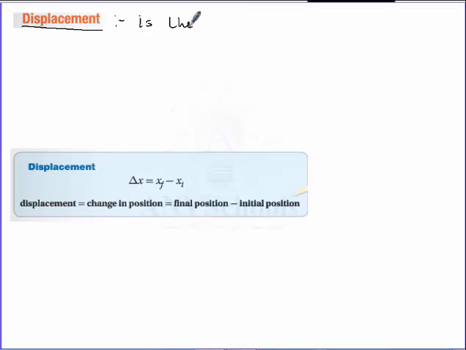So displacement is defined as the change in position of an object. When you say an object is moving, it means that it has displaced some distance. It has covered some distance.